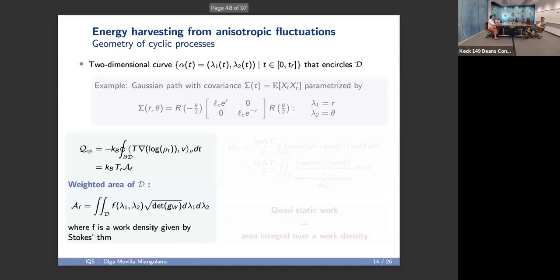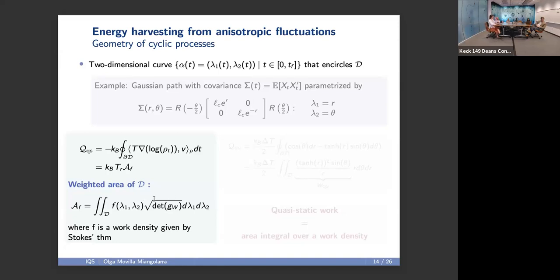Here we have written it in a very abstract way. We have an integral over the area, this domain D, times some function f, which is a function of our parameters, which really comes from Stokes' theorem. And this, we call the work density. And this is essentially the differential of area. So we can think of this whole term as just dA, which is in this special Riemannian metric.